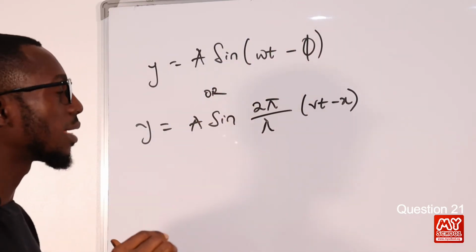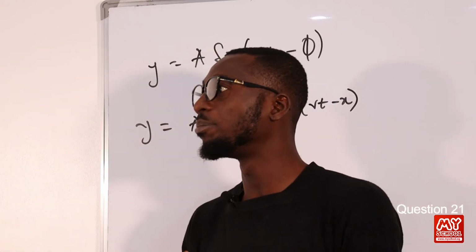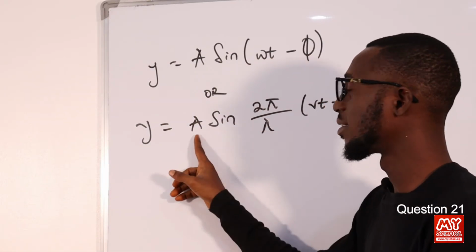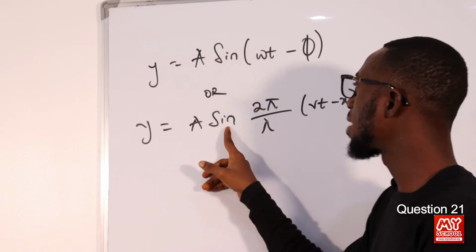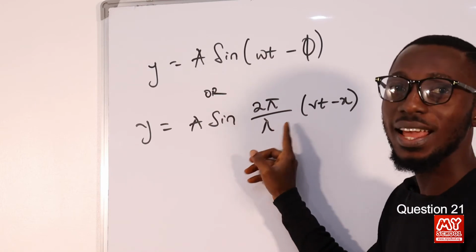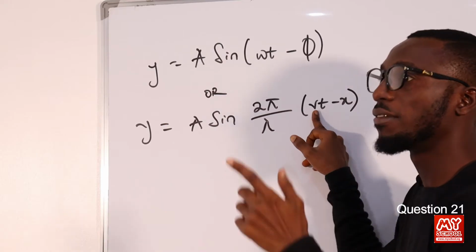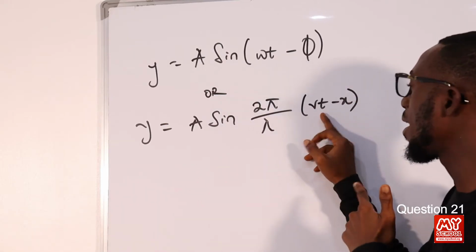If you look at the values that were given to us from the screen, we have y equals 15, that is A, your amplitude, sine, 2 over 5. That tells you that the wavelength here is 5. You see that now. Then we have V, given as 60t minus x.